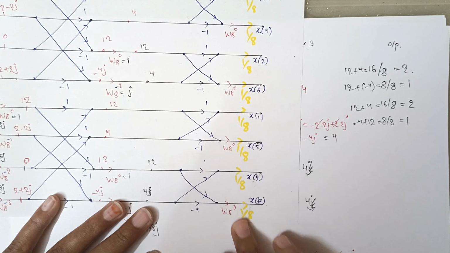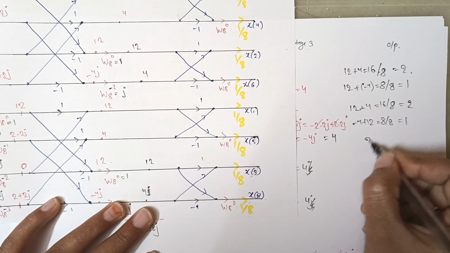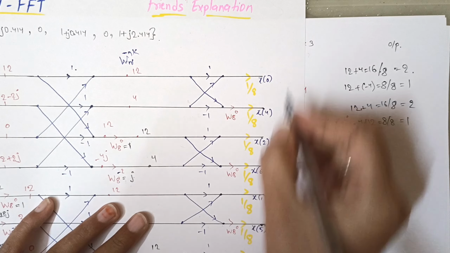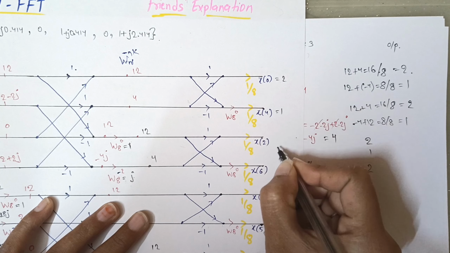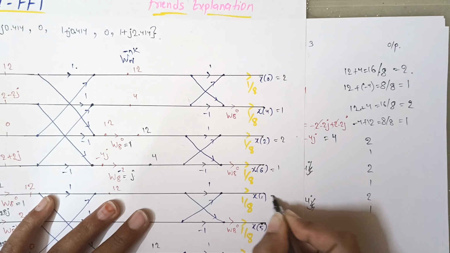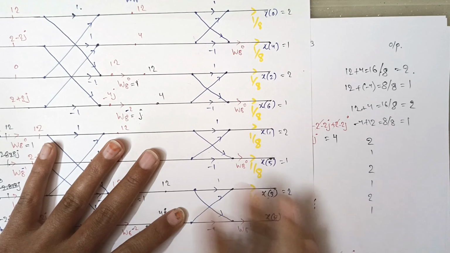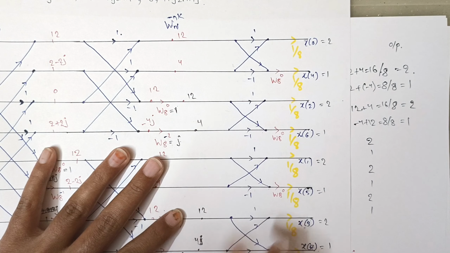In the same manner all of them will come as 2, 1, 2, 1, 2, 1. So we have the final value here, 2, 1, 2, 1, 2, 1 and 2 and 1. So this is the sequence for the time domain signal. Let's note it down in a clear manner.